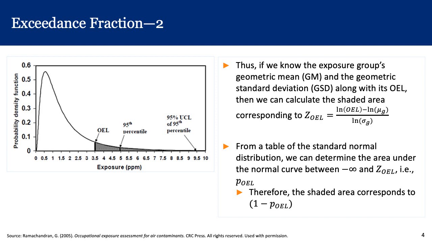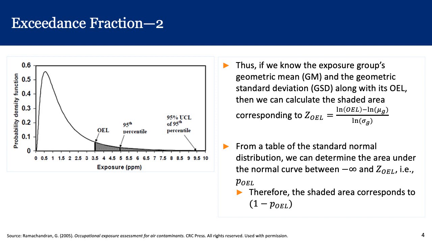Pictorially, you can see it in this graph. So again, I'm showing a hypothetical log normal distribution, where on the x-axis you have the exposure in parts per million, on the y-axis you have the probability density function, and we have our familiar skewed shape of the log normal distribution. And let's assume in this example that our occupational exposure limit is 3.5 parts per million.